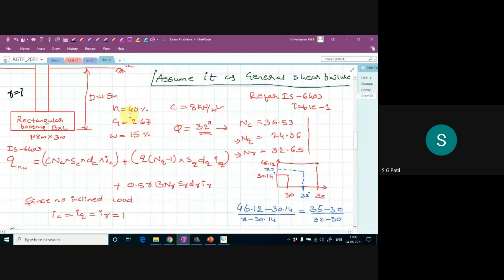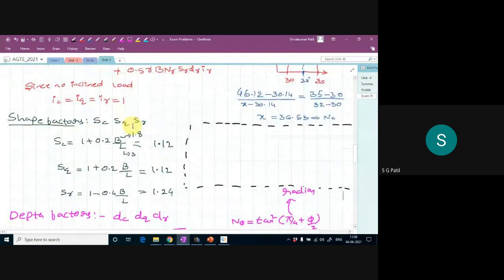So with this I can calculate my dry density. For dry density, I have a formula relating to porosity. If you recall from your fifth semester formulas, that is why I was telling you the fifth semester first chapter formulas should be with you for this course also.